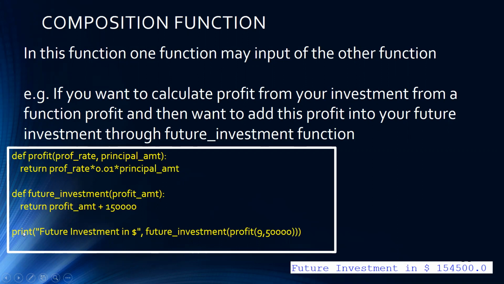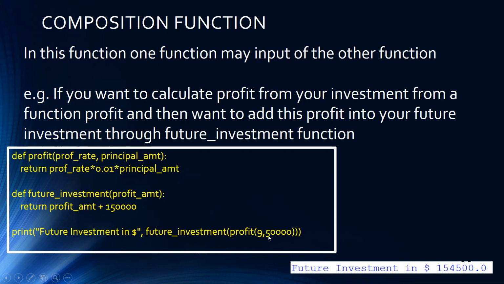Okay, so when you run this code, the output of the profit function will be the input of the future investment. So if you see here that there are two parameters, and here we are passing the values as arguments, like 9 as a profit rate, while 50,000 as a principal amount.